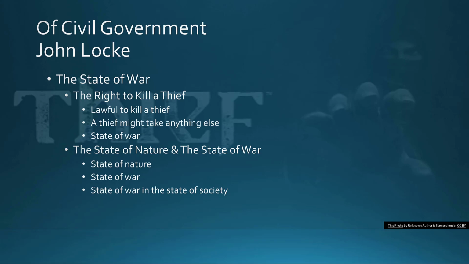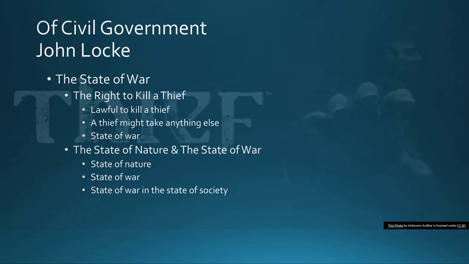So in this state of nature, he thinks people would be living together according to reason, and what makes it a state of nature is that they don't have a common superior on earth with the authority to judge. It's not a case, for Locke, of lawlessness, a situation without rights, a situation of chaos.